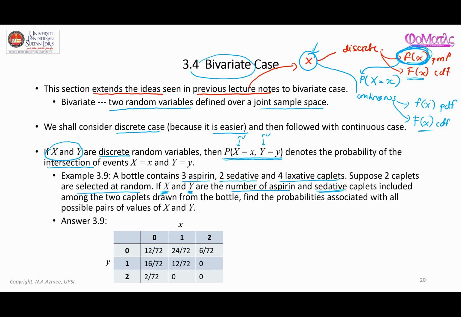The question asks you to find the probabilities associated with all possible pairs of values of x and y. This is the answer given already, but next I'm going to show you how you can obtain this answer.